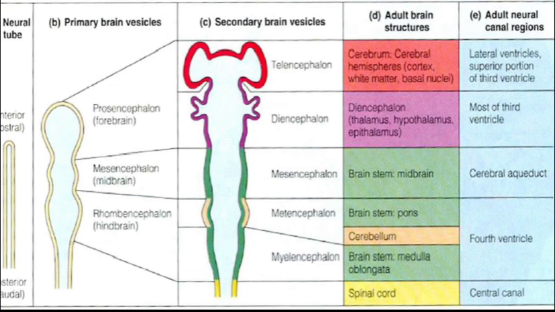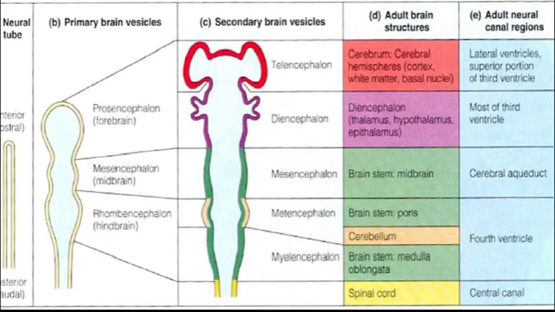Also, the myelencephalon, which is the second part that differentiates from the rhombencephalon, is right there in this diagram. It differentiates to give you a part of the brain stem, that's the medulla oblongata. The adult neural canal region there is also the fourth ventricle.